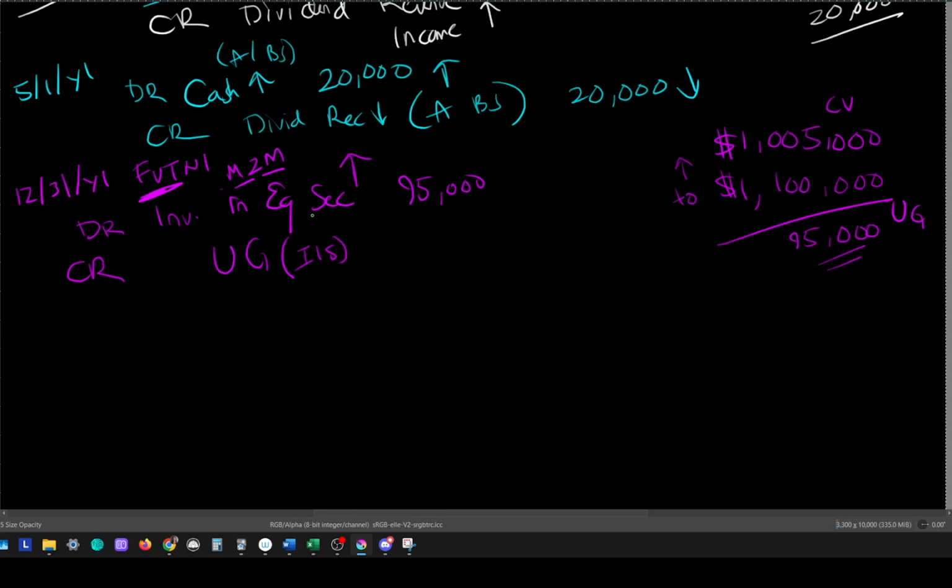If the investment is a balance sheet account, this goes on the income statement for that difference. $1,100,000 new fair value as of December 31st of the first year, minus our old carrying value. All right? So $95,000 gain.